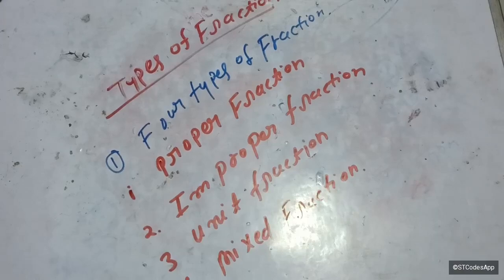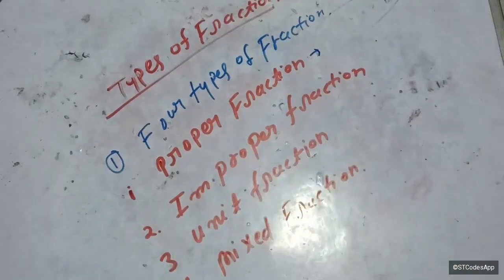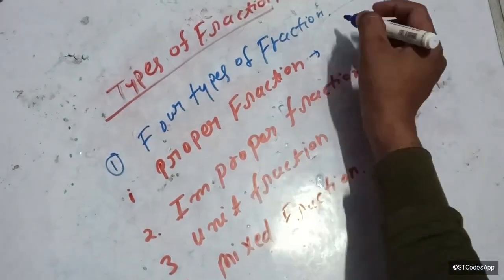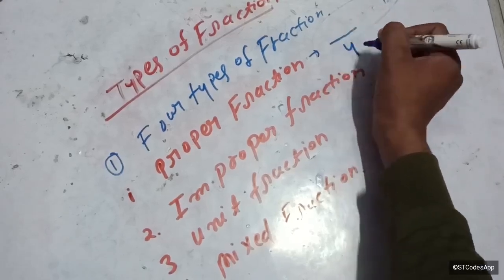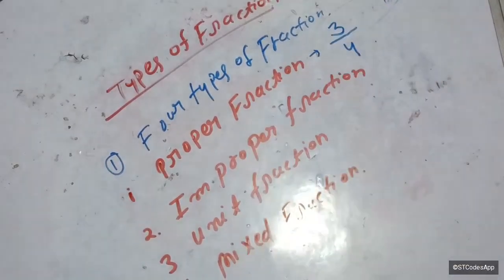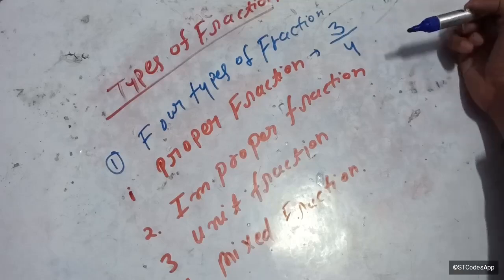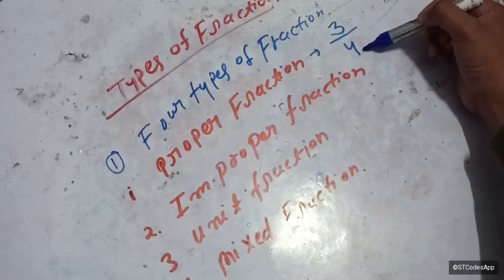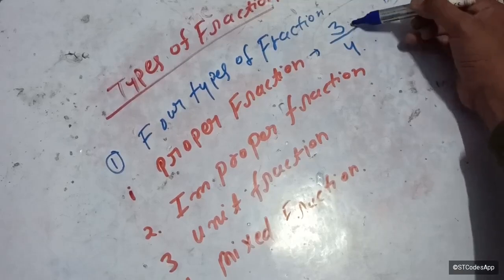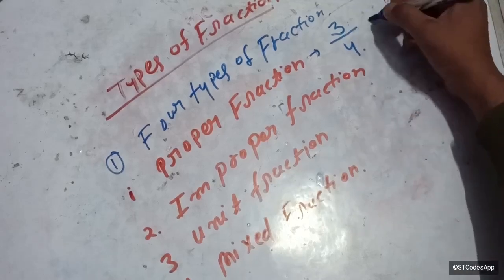Proper fraction: the definition is, if the denominator is greater than the numerator, it is known as a proper fraction. For example, with 3 and 4, here 4 is the denominator and 3 is the numerator. Since 4 is greater than 3, it is called a proper fraction.